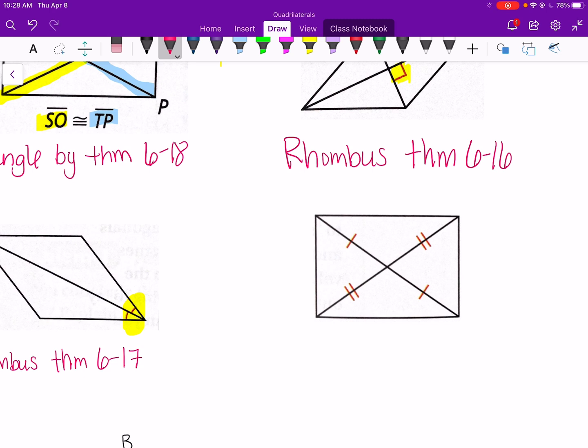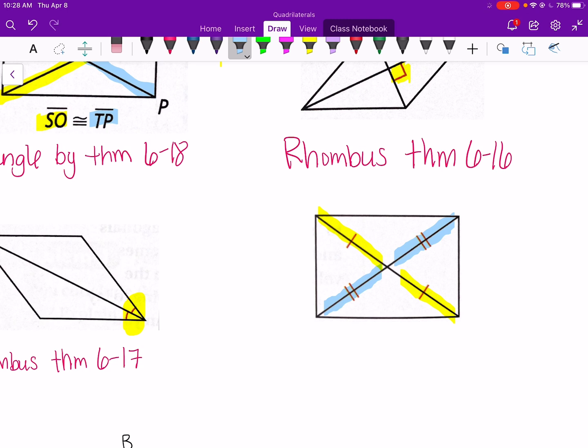Next example. We have to be very careful on this one. Notice we have this segment congruent to this segment, and this segment congruent to this segment. It is very easy to get this confused with theorem 618 and say that these diagonals are congruent, but we cannot say that.